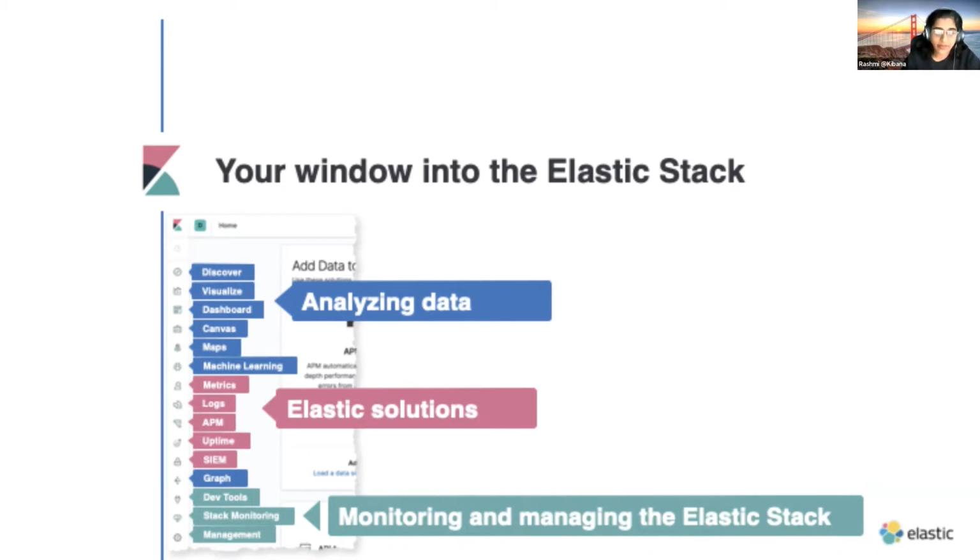The next set, which I call Elastic Solutions, is metrics, logs, APM, uptime, and SIEM. Whatever rich data you have indexed, you are classifying or segregating into your logs or uptime. You are seeing the health of your system, or you are analyzing your logs. All these are Elastic solutions.